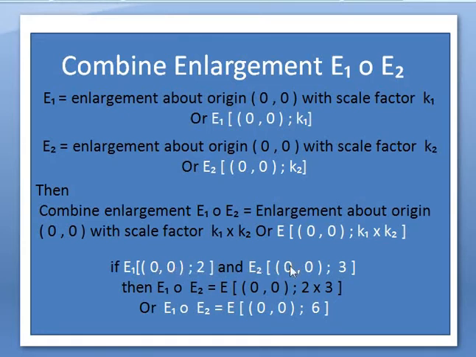Another enlargement is about the center origin with scale factor 3. So the combination has the same center (0, 0), and the scale factor is 2 times 3, 6. This is the combined enlargement.